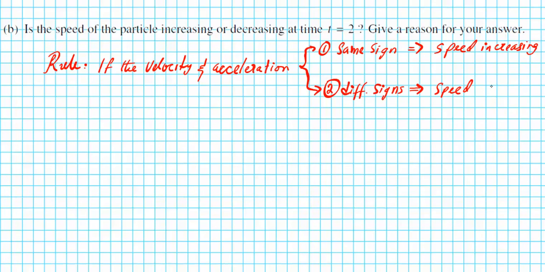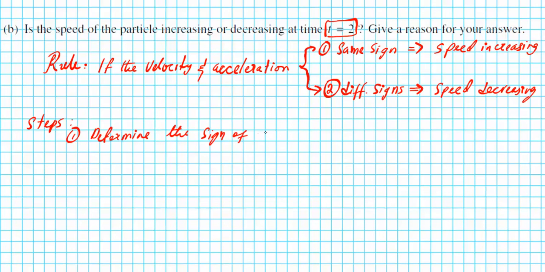Okay, so the steps that we're going to follow are the following. First of all, we're going to determine the signs of velocity and acceleration at this particular time, t equals 2.